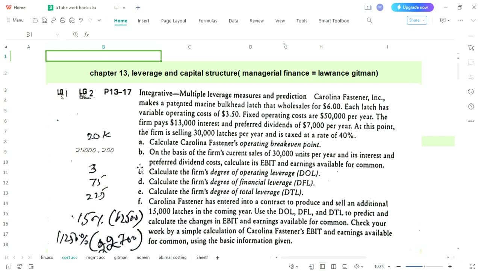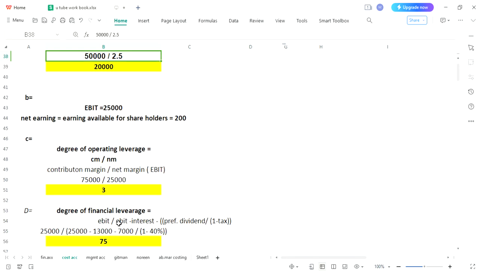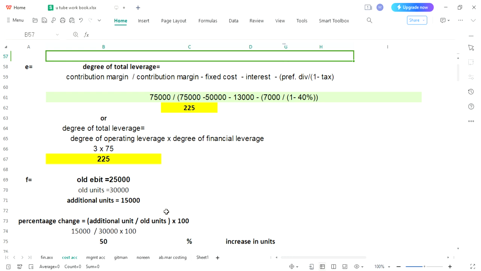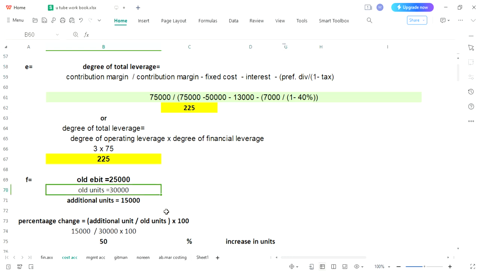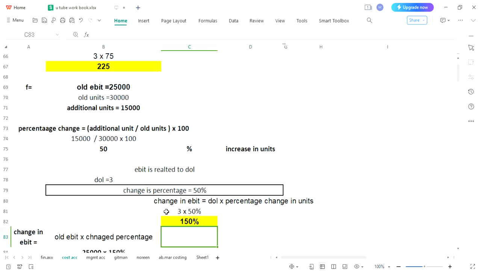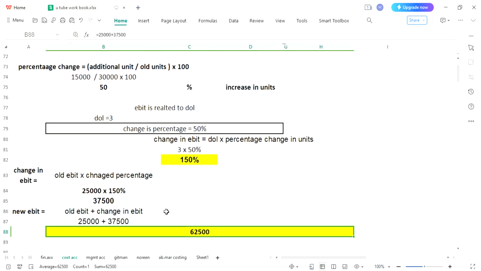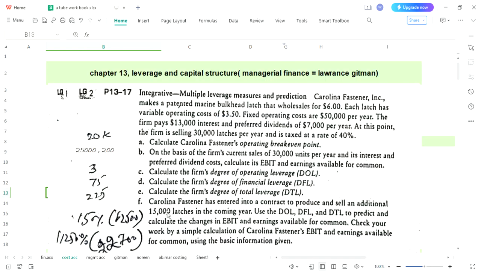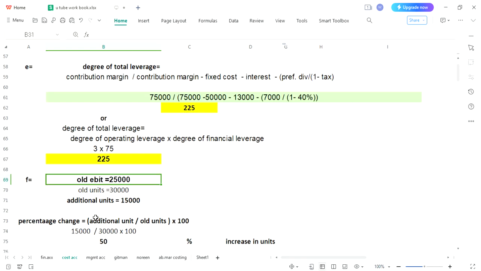After which we have F, two answers: 150 and 62,500. Okay, first answer is 150 and second answer is 62,500. Then we have the second part of F, 112.50.